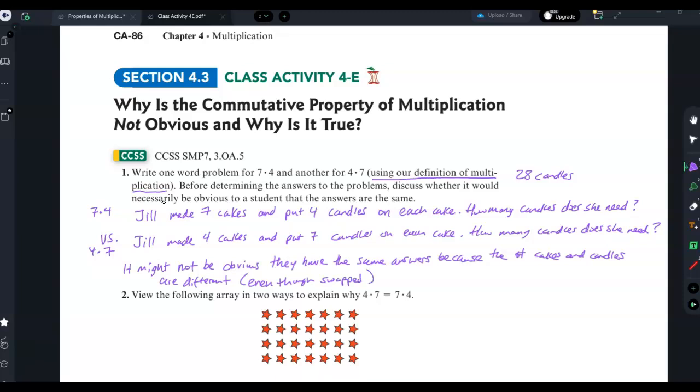Again, what if my first problem was Joey has 7 transformers and Timmy has 4 times as many, versus your next problem was I need to tile a floor that is 4 feet by 7 feet, what's the area of the floor I need to tile? That would definitely not be as obvious that you're going to get the same answer, because technically the units are different as well.